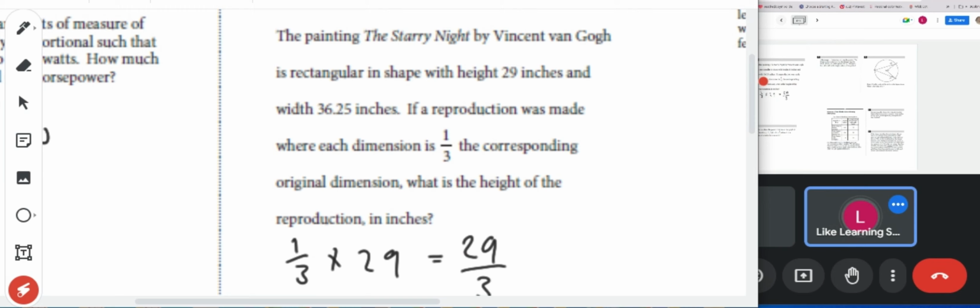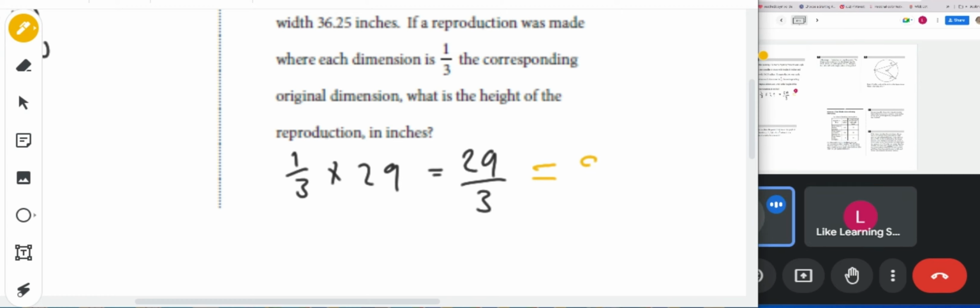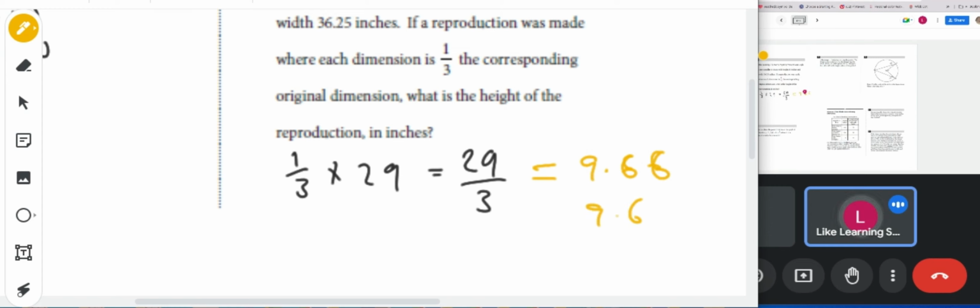If you change it to decimal, it will be 9.66 recurring. You can write 9.66 or 9.67, it will all be marked. So I think it's fine to leave the answer in fraction.